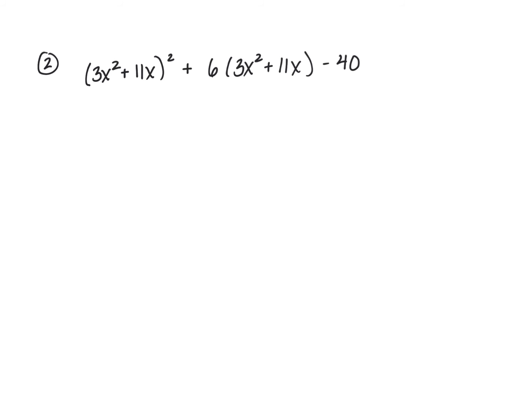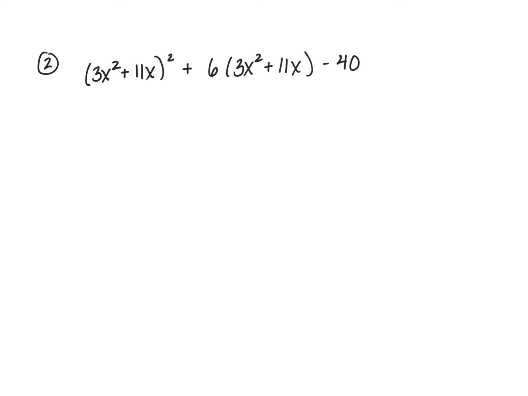All right, so example number 2, same thing, factor (3x squared plus 11x) squared plus 6(3x squared plus 11x) minus 40. So same scenario as before. I'm not going to write the steps down, but you already wrote them, so let's use them.